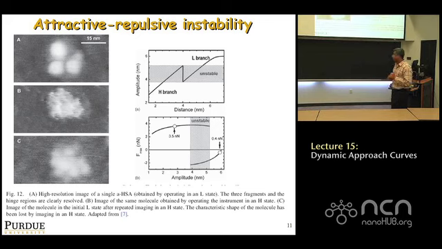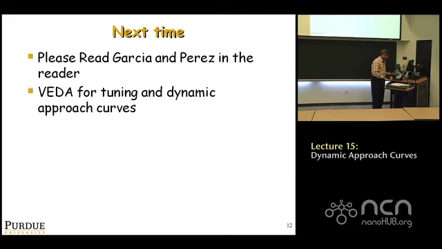Okay? So this is, again, a very important thing. So let me ask you a question before we end this lecture today. When we talk of attractive, repulsive, we've learned of three different definitions of attractive, repulsive, right? One, when we did static force distance curves.